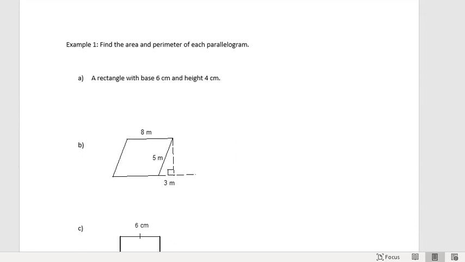Example 1, we are going to use these and find the area and perimeter of each one. So, sketch this out real quick. The height is 4 cm, the base is 6 cm.